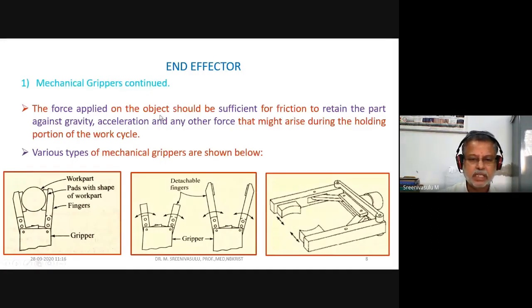There may be some other force, for example the self weight, or some other load might be acting on it. So any additional forces playing at that instance should be kept in mind when you quantify the force with which you pick it up.